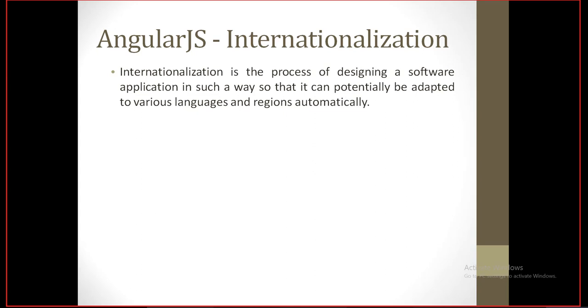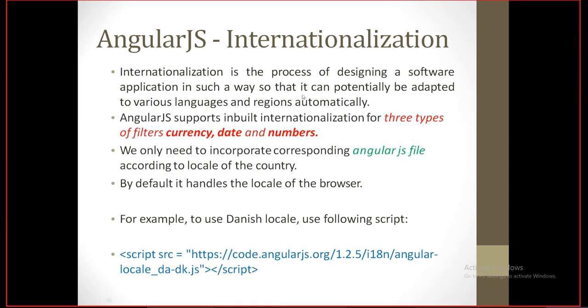Okay. So in AngularJS, three types of filters are provided to support internationalization, right? And which are those three? Currency related information, date related information, and number related information. Okay. So how do we include this internationalization? We will simply have to put an AngularJS file like we did earlier in the script tag.